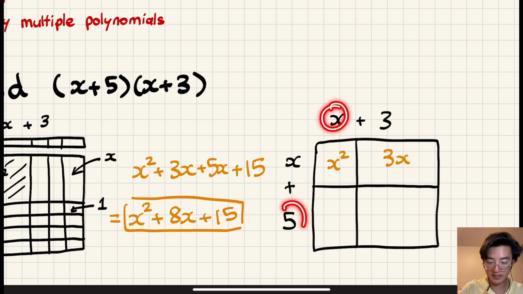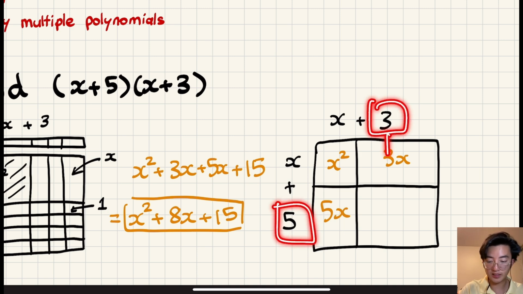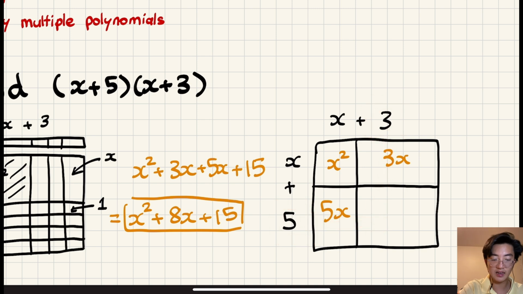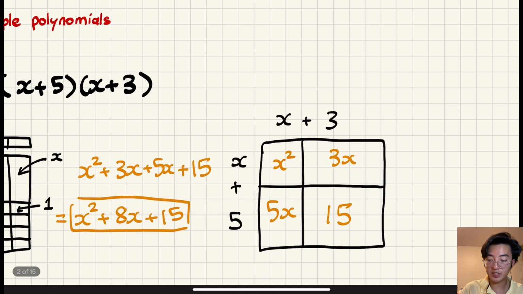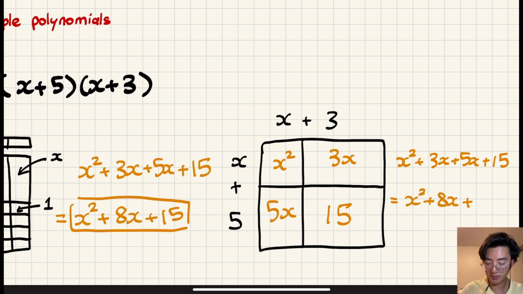Next, we get an x and a 5 for this square right here. We get 5x. And then lastly, we multiply this 5 and the 3 together to get this tile, which is 15. And once again, we reach the same conclusion. x squared plus 3x plus 5x plus 15, getting us x squared plus 8x plus 15.